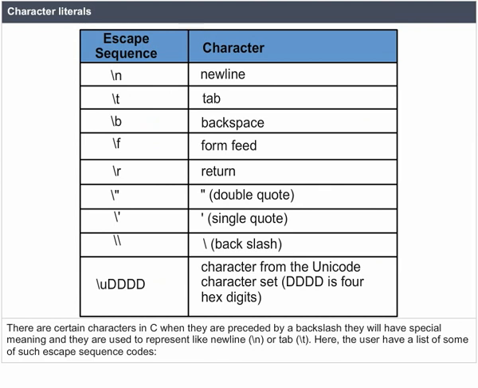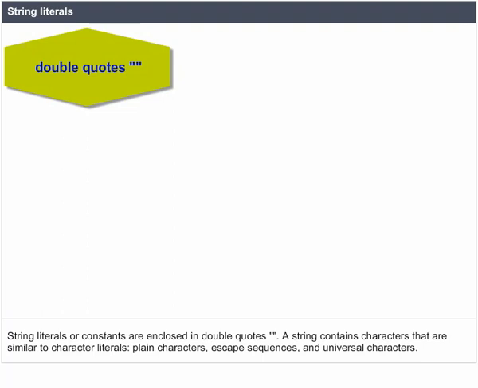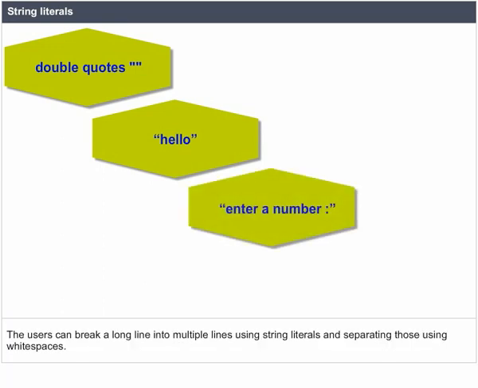String literals. String literals or constants are enclosed in double quotes. A string contains characters that are similar to character literals: plain characters, escape sequences, and universal characters. The users can break a long line into multiple lines using string literals and separating those using white spaces.